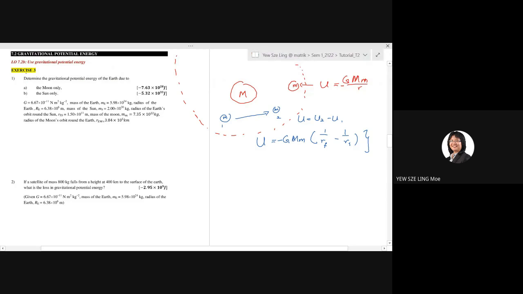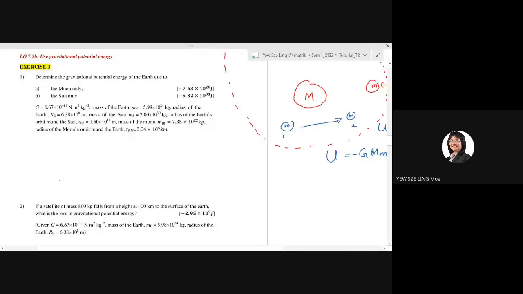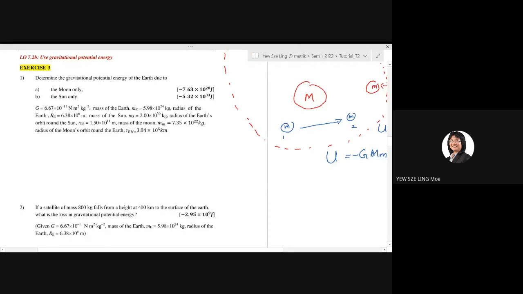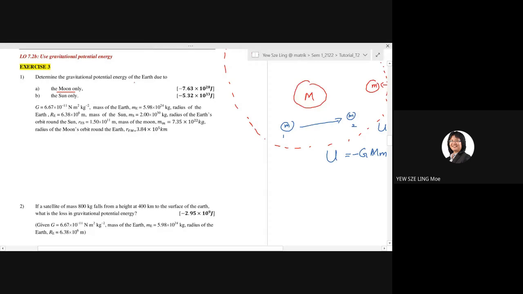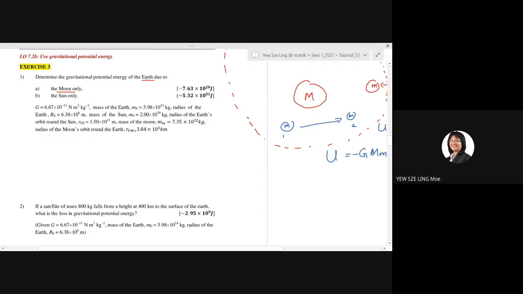Now let's look at the first question. Let me zoom in. Determine the gravitational potential energy of the Earth due to the moon only. You have two different objects, so it's very simple.